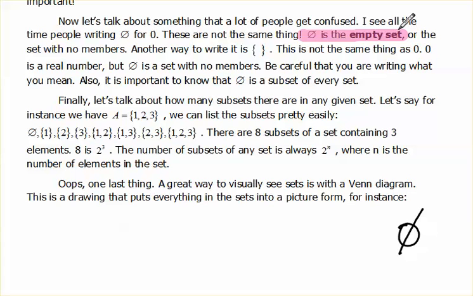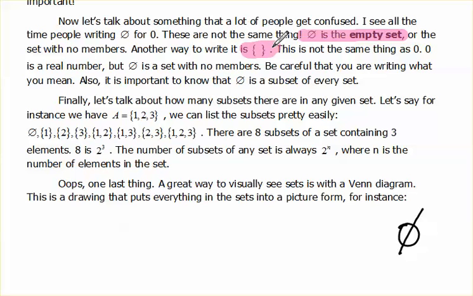In other words, it's a set with no members. Another way to write it is like this: set notation with nothing inside of it, blank. So the empty set is not the same thing as zero. Zero is a real number, but the empty set is a set with no members. They have two different meanings. So be careful what you're writing and write what you mean.